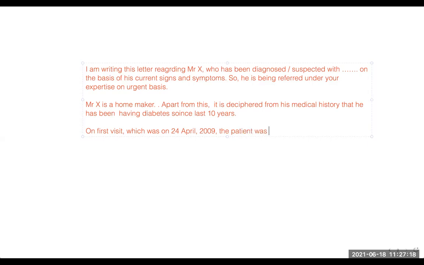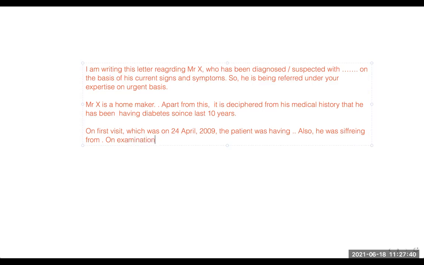The patient was having this and this problem. Also, he was suffering from this and this problem. Then you can say this way, he is suffering from this and this problem. Then apart from this, you will say on examination, then it is a passive voice because the examination would be done by us.